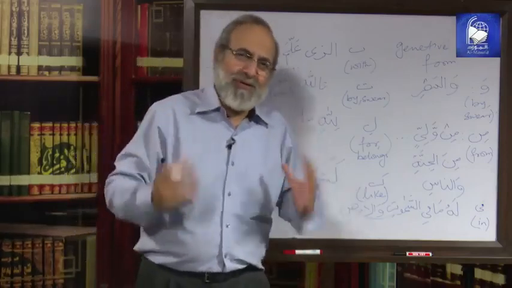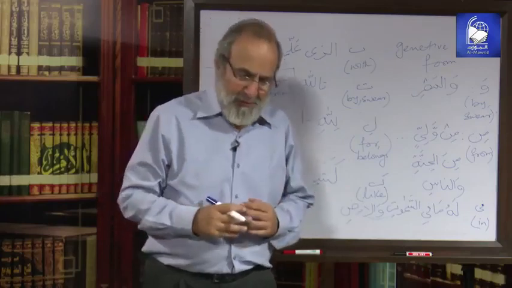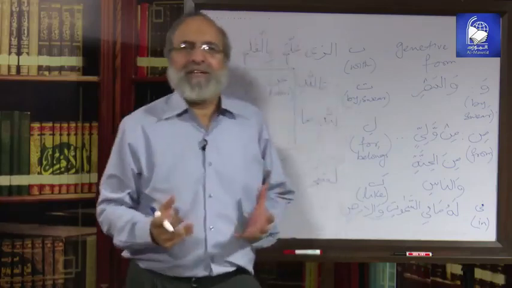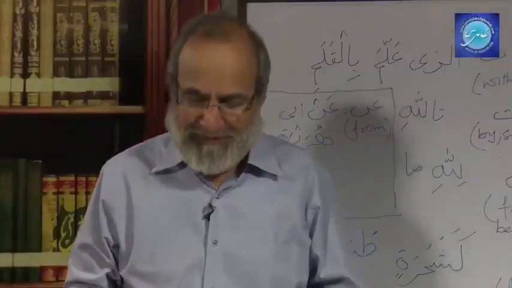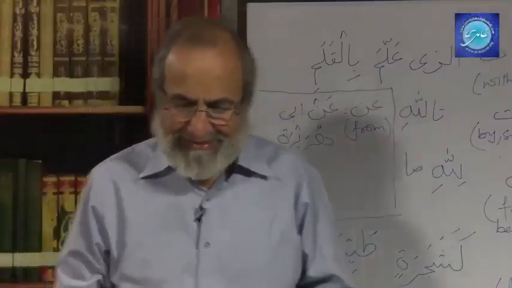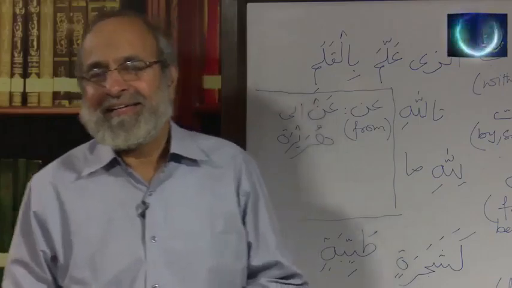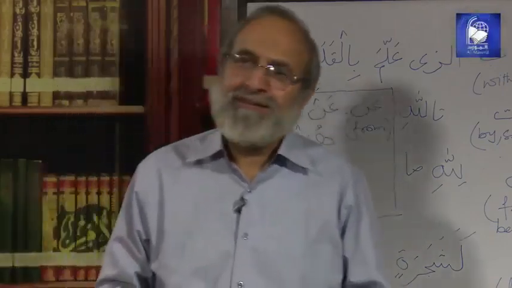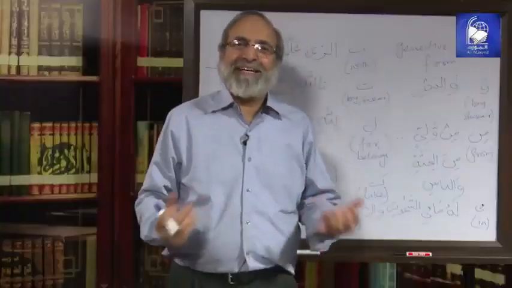The same word when it is expressed in the form of Rafa, the nominative case, is Abu. When it is in the form of Nasab, the accusative case, it's Aba. And when it is in the form of Jar, the genitive case, it's Abi.